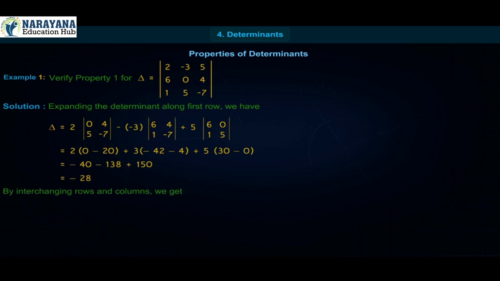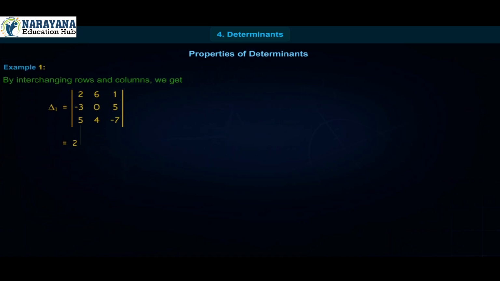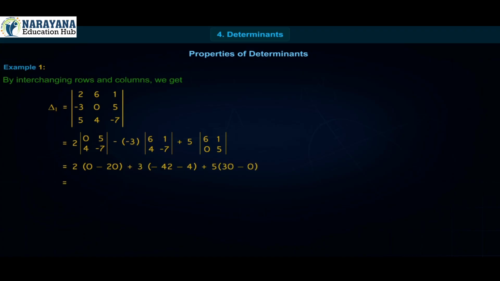By interchanging rows and columns, we get delta 1 is equal to determinant [2, 6, 1; -3, 0, 5; 5, 4, -7] is equal to 2 into determinant [0, 5; 4, -7] minus 3 into determinant [6, 1; 4, -7] plus 5 into determinant [6, 1; 0, 5] is equal to 2 into (0 minus 20) plus 3 into (-42 minus 4) plus 5 into (30 minus 0) is equal to -40 minus 138 plus 150 is equal to -28.